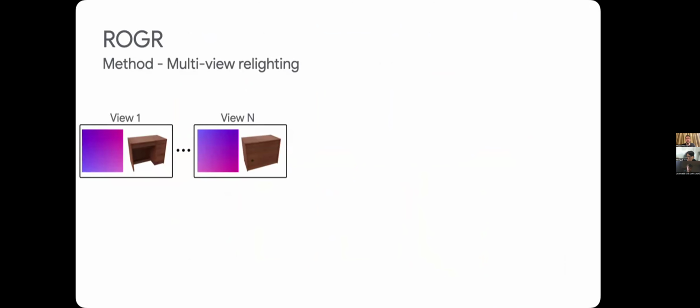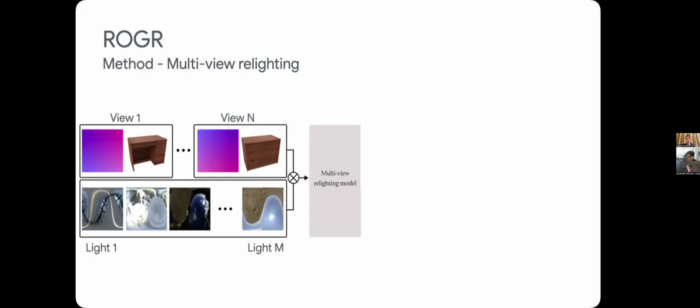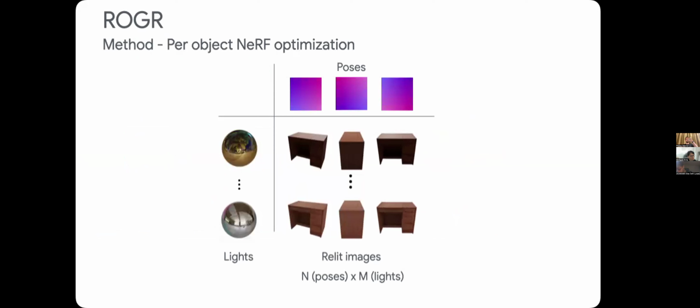We then train this model to produce relit versions of the input views for each available light, from light 1 to light m. The goal of this multi-view model is to produce a dataset of n by m relit images that can then be used as a dataset for a light-conditioned NeRF optimization.